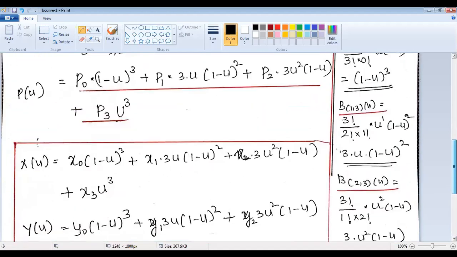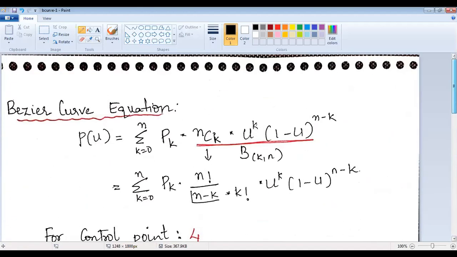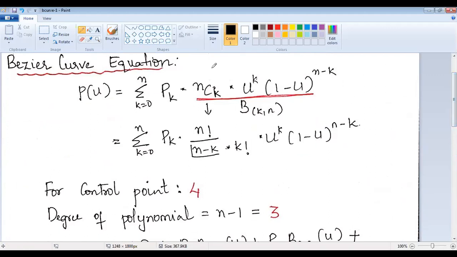This complete thing you need to write in the examination. This formula you should know. What is the formula for the Bezier curve equation? Next, this B of k comma n is the blending function, the continuity function. B of k comma n is nCk into u to the power of k into (1 minus u) to the power of n minus k.